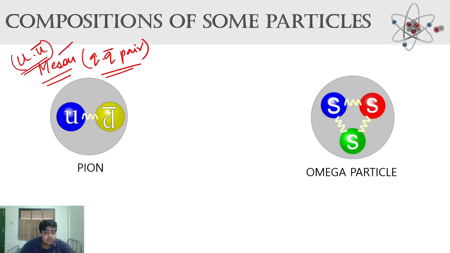We discussed this while discussing quantum electrodynamics, that when a quark and an anti-quark collide with each other and pair up, they cause annihilation, and with that annihilation, a burst of energy comes out, which is nothing but a photon.